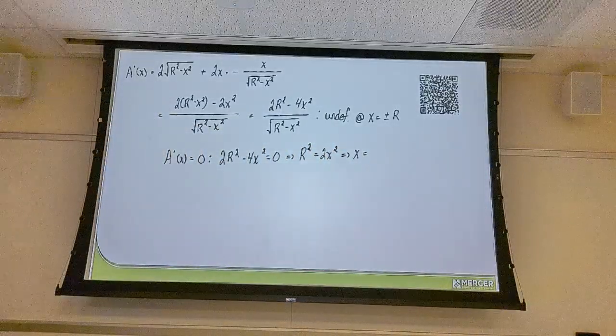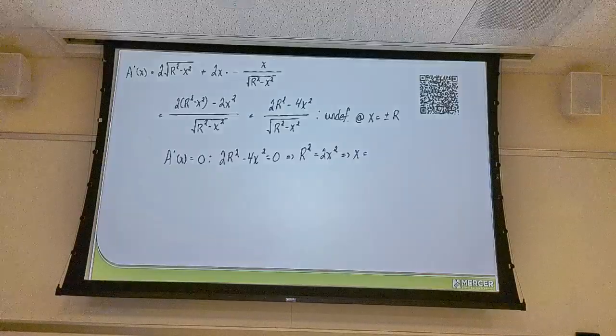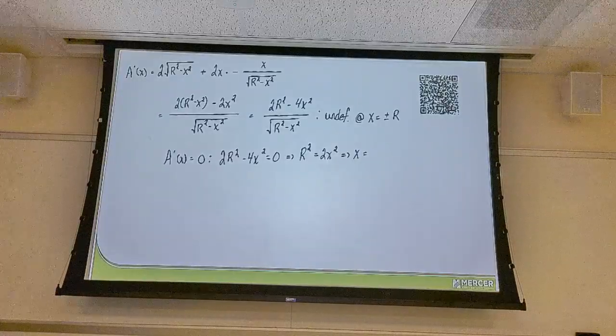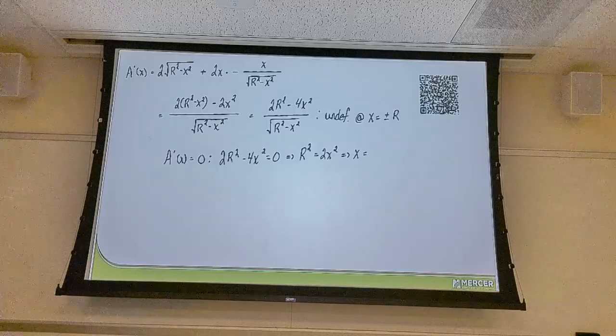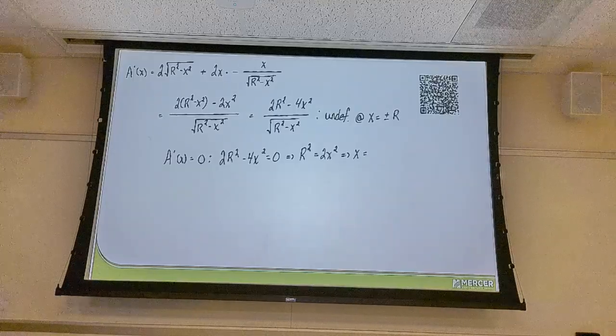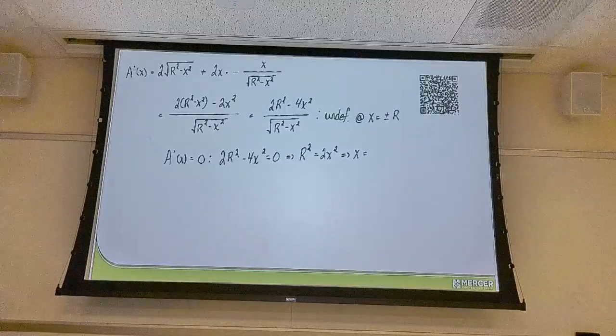R over root 2, right? R is already being squared, right? Square root of r squared, r. R, because r is a radius, so it's always positive.